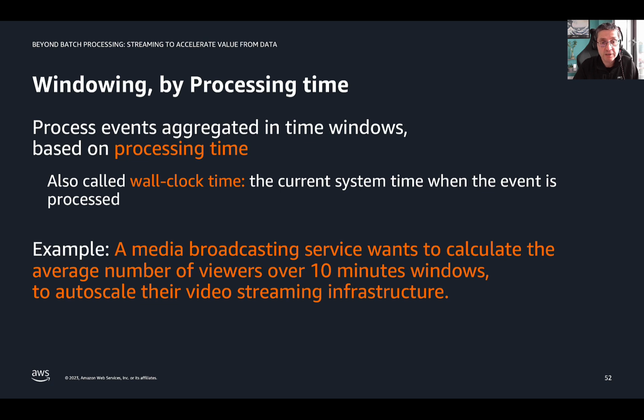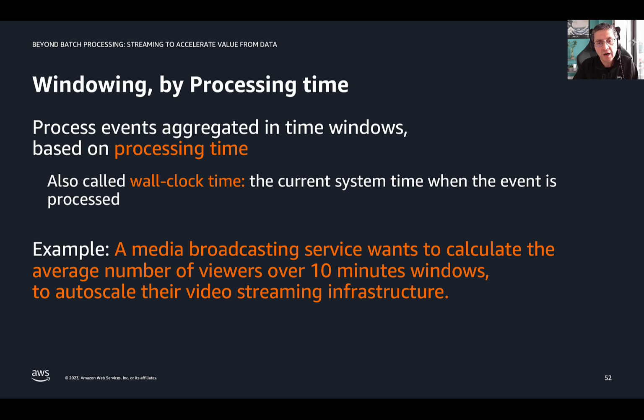An example of this can be a media broadcasting service, and they want to scale their infrastructure dynamically based on the number of viewers. And they decided that a good metric for that is scaling based on the number of viewers of the last 10 minutes. Video devices are regularly emitting signals when the user is watching.